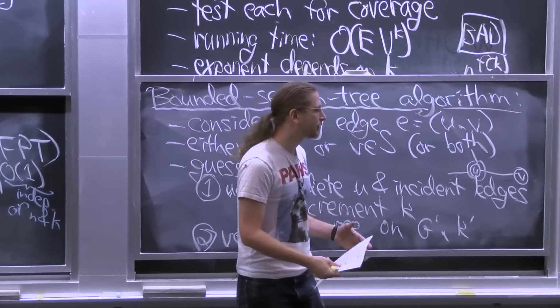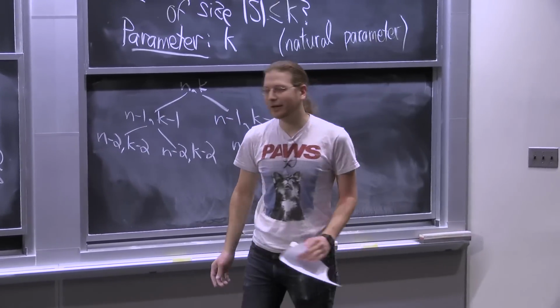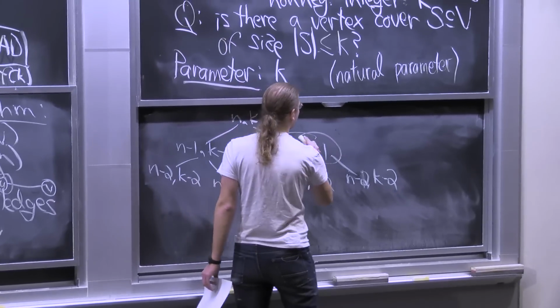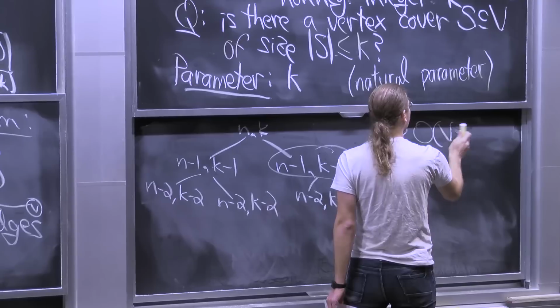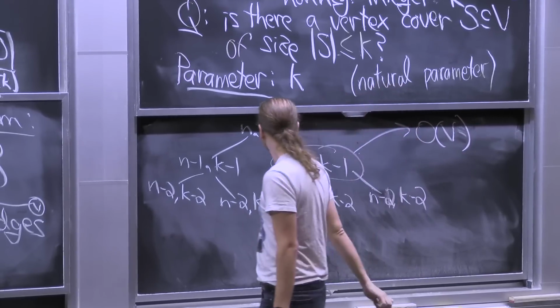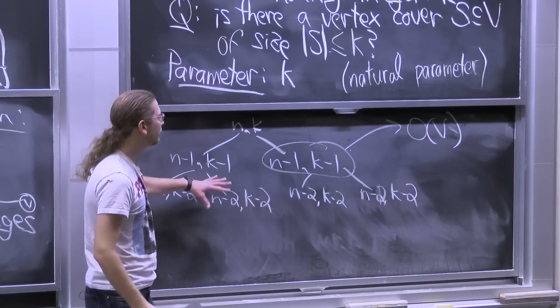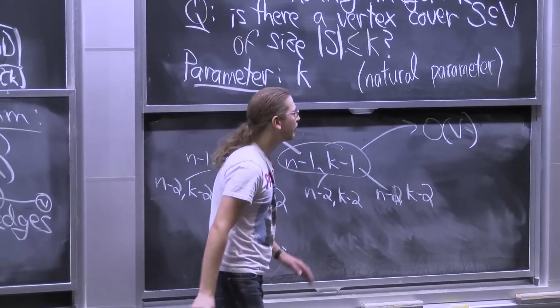Linear time, doesn't really matter how careful we are here, but I will say each of these nodes, we spend at most order V time. It happened that V went down by 1 at each of these levels, but certainly an upper bound is the original V. In each of these nodes, we spend at most the original V.